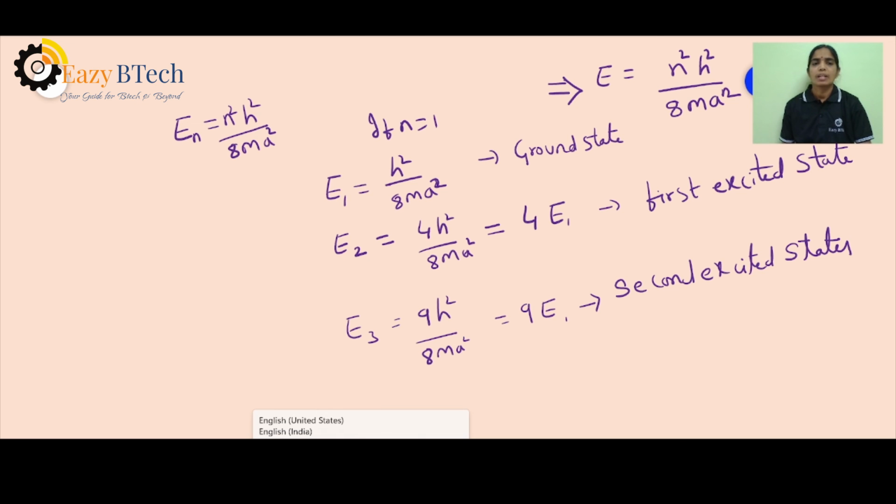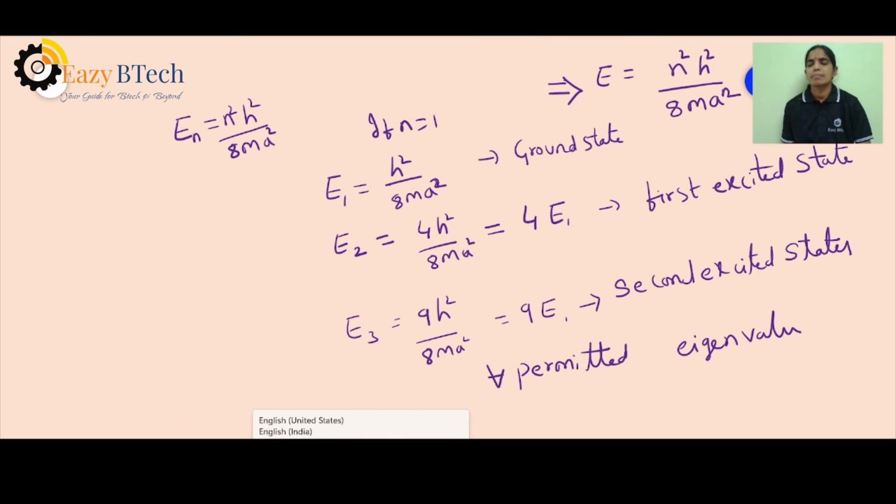Like that, we can expect numericals based upon the formula En is equal to n square h square by 8 m a square. Here n is given different values, and this is called possessing discrete energy levels. For every permitted energy, allowed energy, we are going to have an eigenvalue.